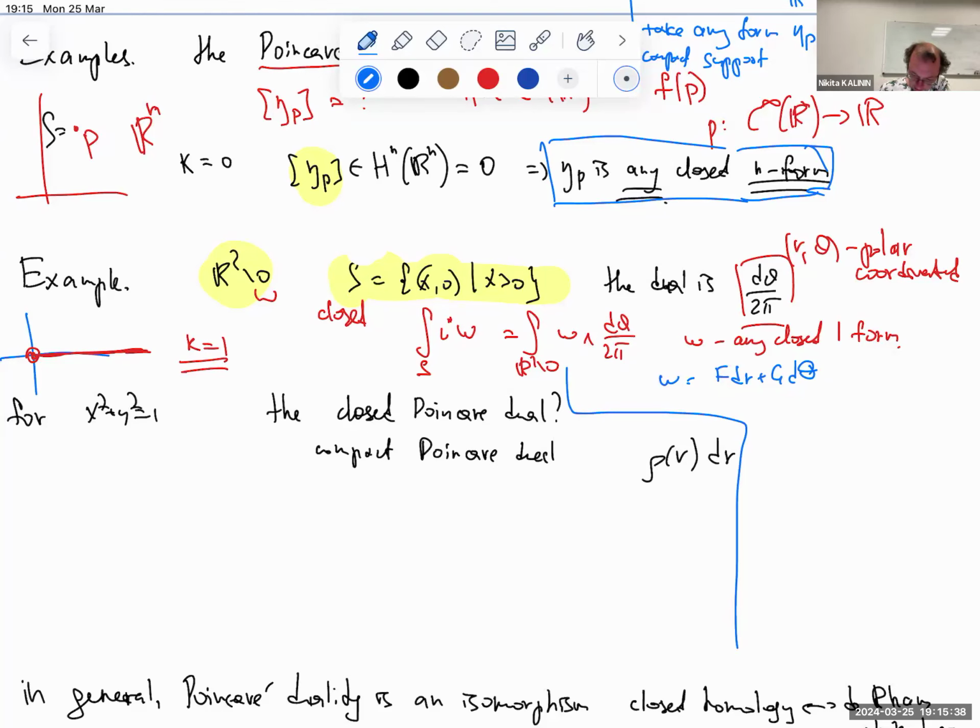And so when we integrate it here, the part with d theta will die and we will integrate only f. Also here you should take a form with compact support.